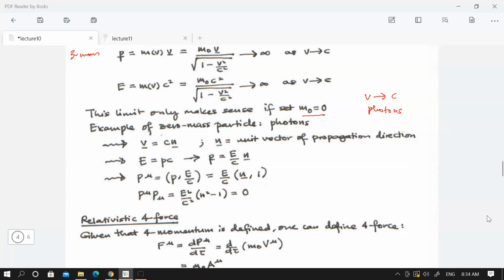So that implies that anything that can be accelerated to the speed of light has to have zero mass. And you have heard that photons don't have mass, but they do have energy.